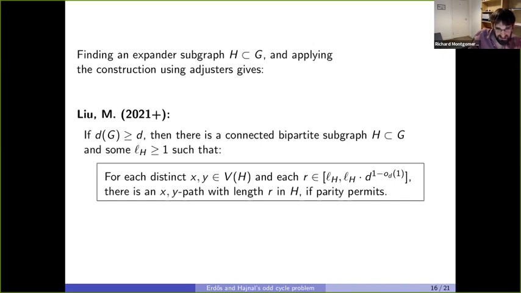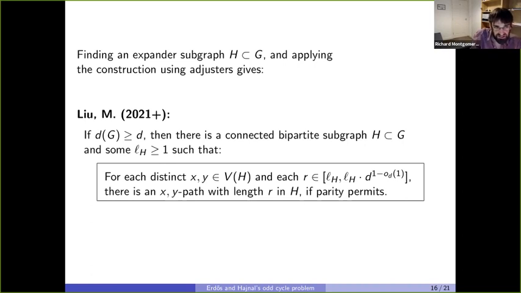What this property means is that I can take distinct pairs of vertices X and Y, and I have this large interval based on the parameter, from L up to L times D to the 1 minus little o of 1, and I can find a path of length R in H between X and Y. And again, if parity permits, so if they're in the same class in a bipartition, then definitely I want to find an even path between them. And if they're in different classes, then odd. Okay. So this is our technical result.